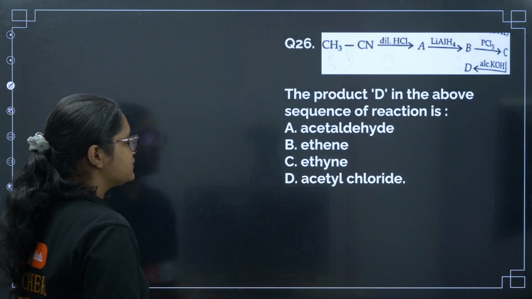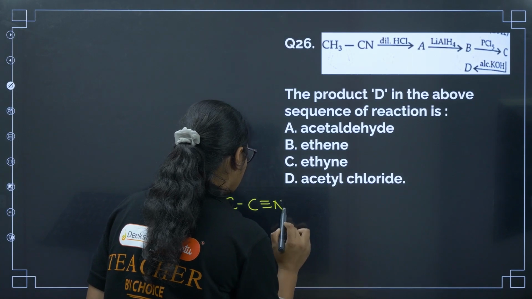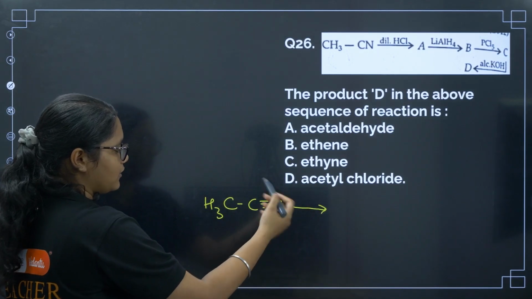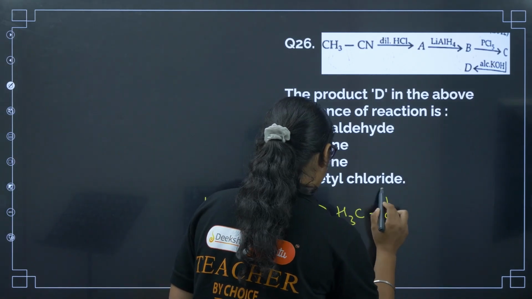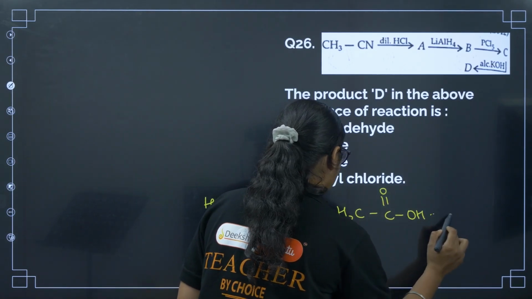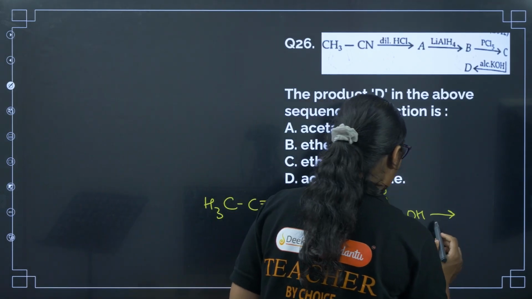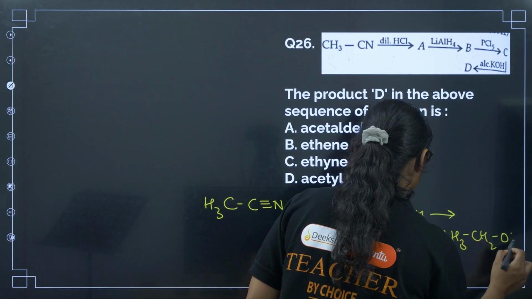Next, if you see CH3CN, and then if you dilute HCl, then what will happen? It will get hydrolyzed and we will get CH3COOH. Now with lithium aluminium hydride, this will reduce to alcohol. So we'll get CH3CH2OH.